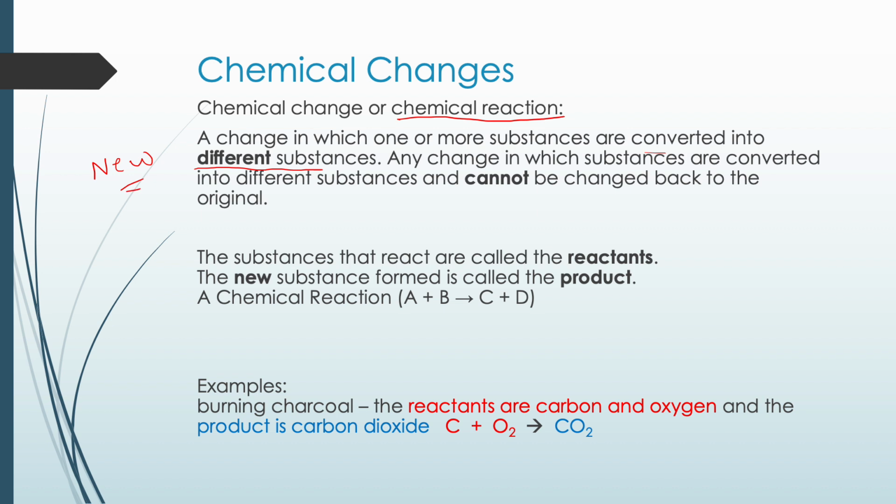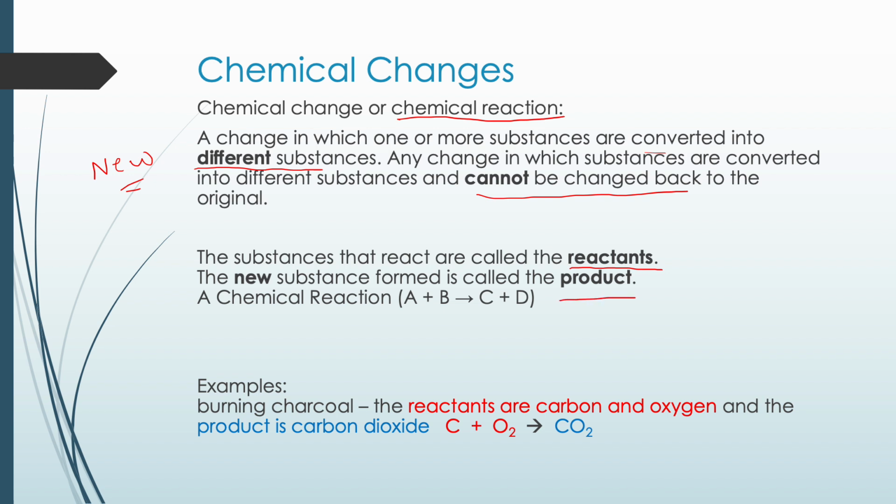Any change in which substances are converted into different substances and cannot be changed back to the original. That new substance is going to have a whole new set of properties. The substances that react are known as our reactants. The new substance that's formed or produced is known as our product.